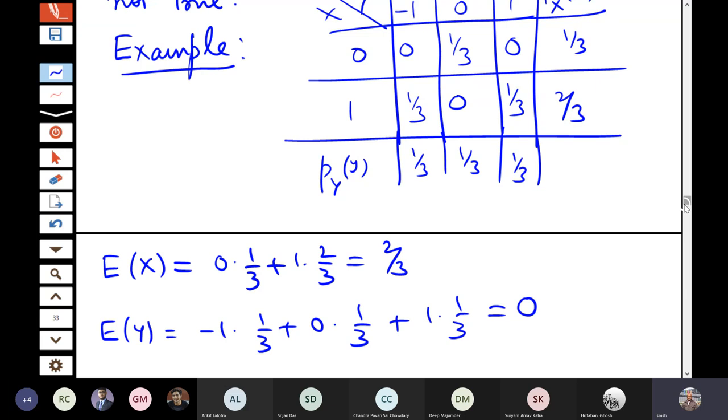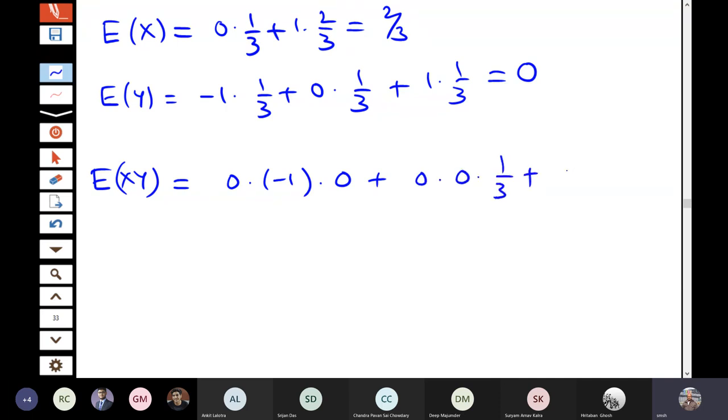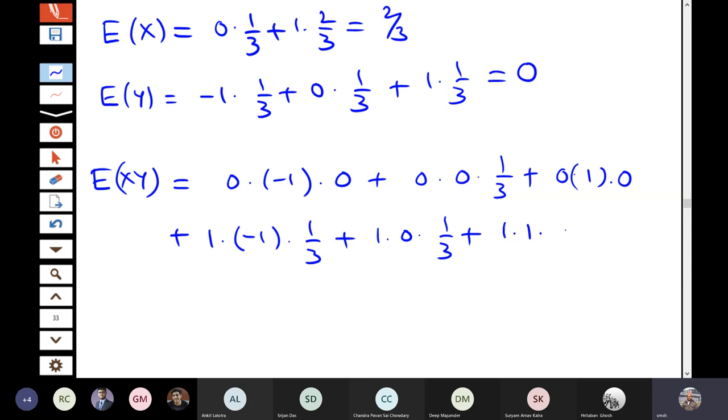What is expectation of x into y? So you look at all the combinations: 0 into -1 into 0 plus 0 into 0 into 1 by 3 plus 0 into 1 into 0 plus 1 into -1 into 1 by 3 plus 1 into 0 into 1 by 3 plus 1 into 1 into 1 by 3.